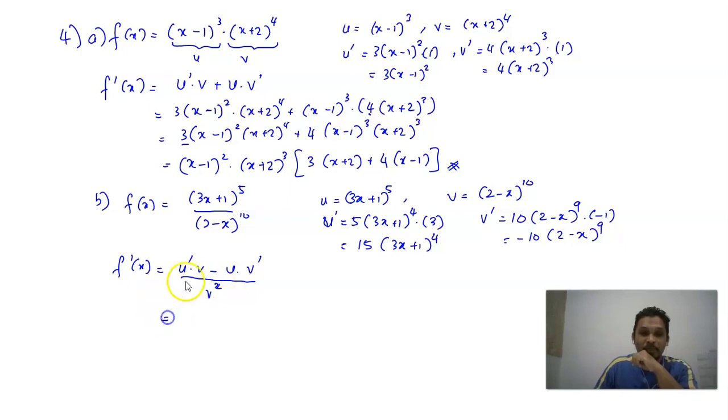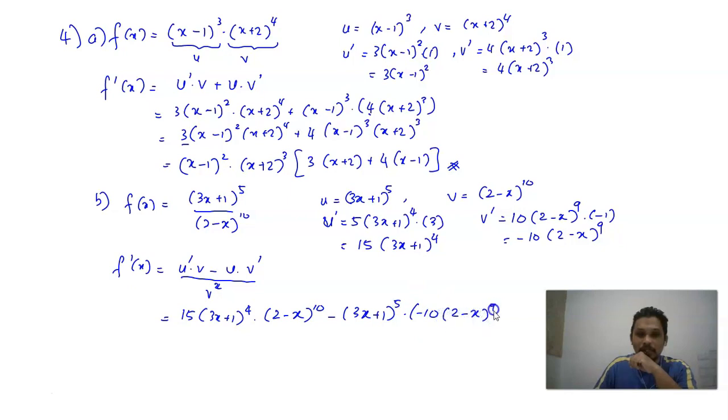Okay, substitute one by one. u prime here is 15 (3x plus 1) to the power of 4, multiplied with v, (2 minus x) to the power of 10, minus u, (3x plus 1) to the power of 5, and v prime, negative 10 (2 minus x) to the power of 9, and everything divided by v squared.